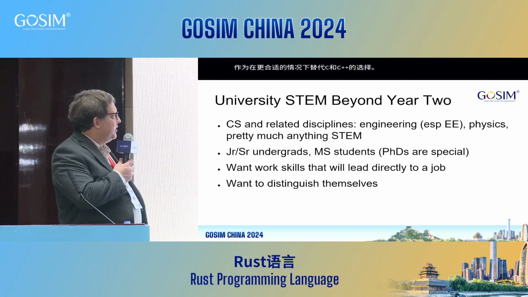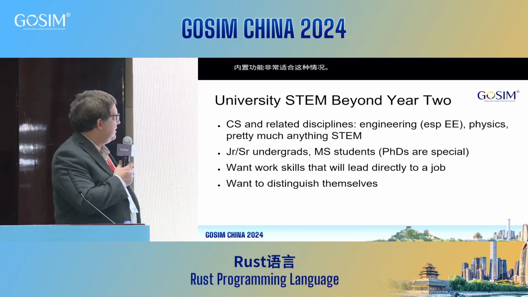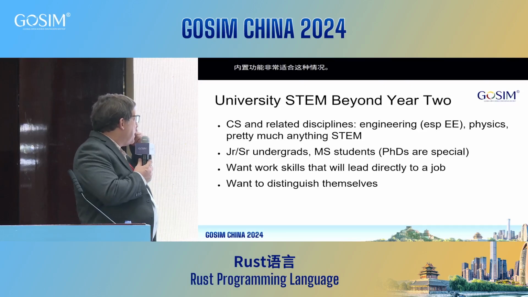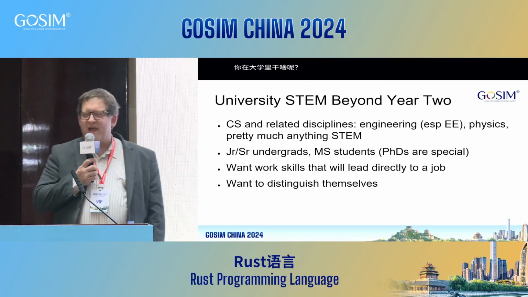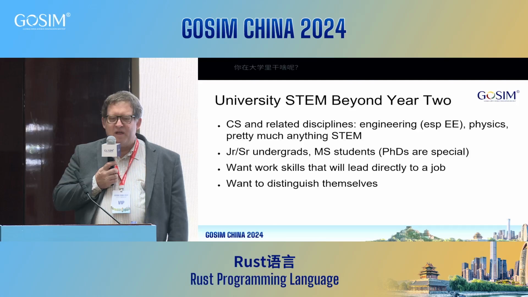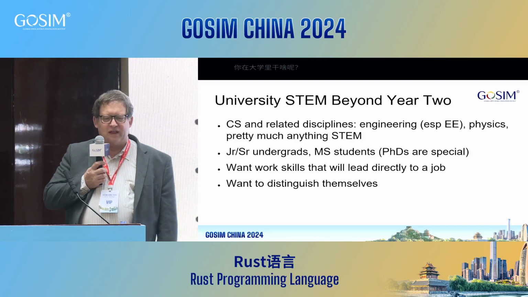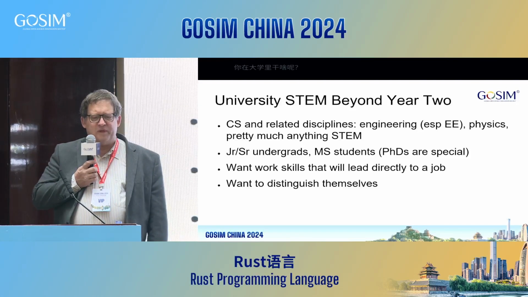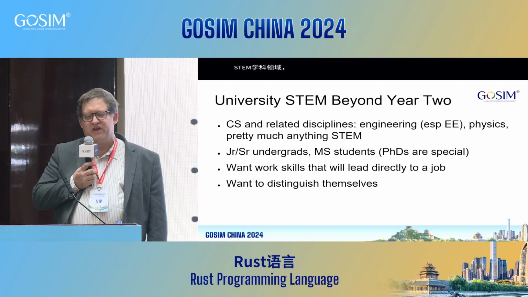What are you doing when you're in a university? You've got science, technology, engineering, mathematics, the STEM disciplines beyond year 2, right? What do they look like? Well, what are people trying to do? They're in computer science and related disciplines, they're in engineering, they're in physics, in all these things.